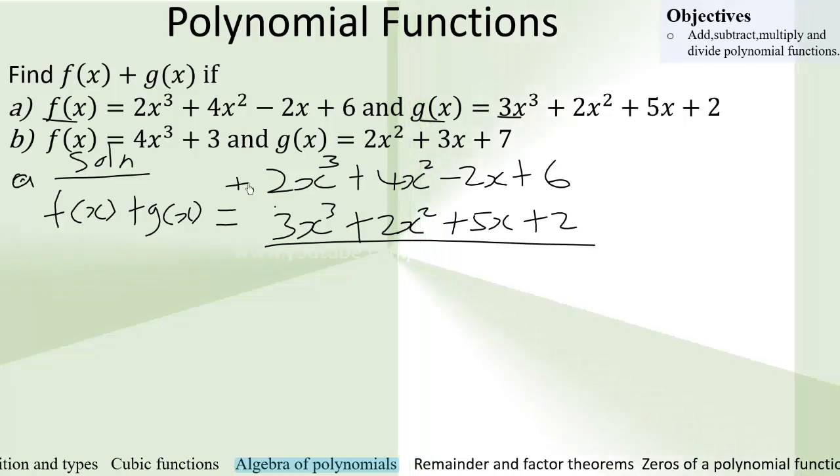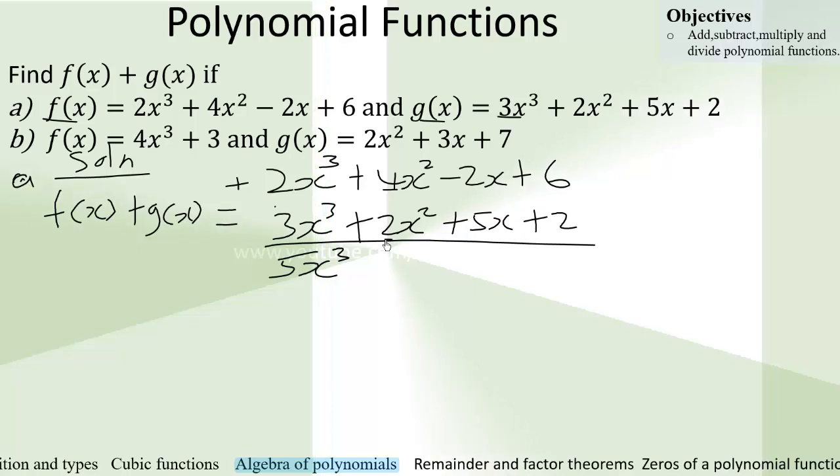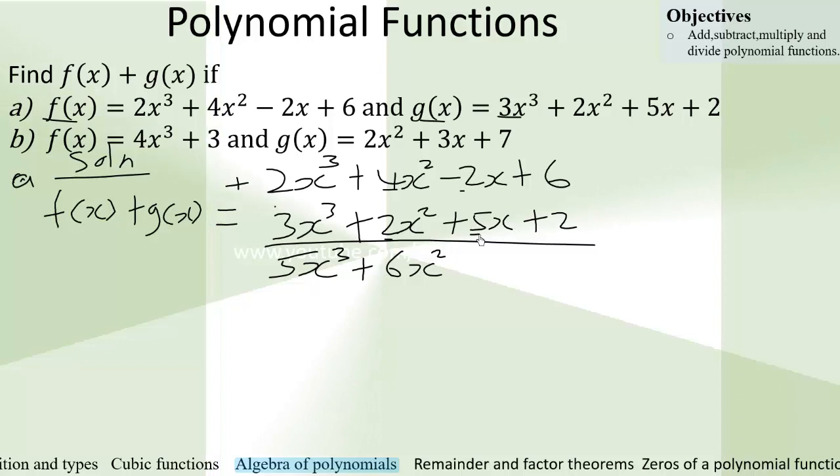So 2x cubed plus 3x cubed will be 5x cubed. Then 4 plus 2x squared will be 6x squared. So plus 6x squared. Then negative 2 plus 5 will be 3. So plus 3x.